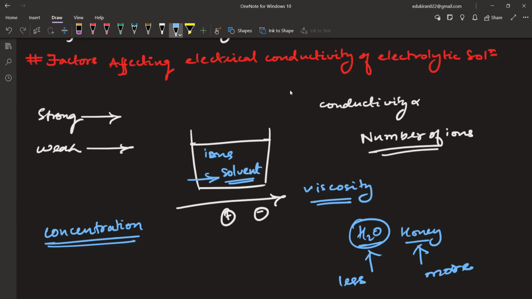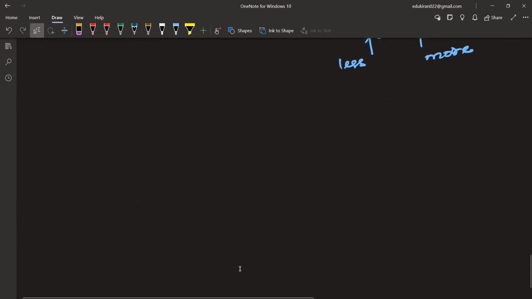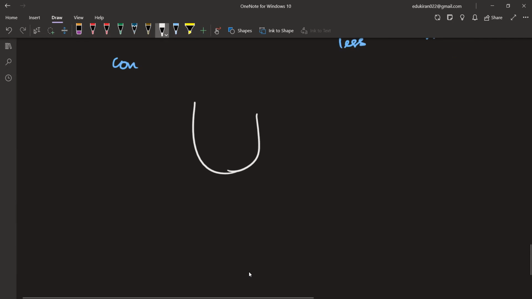See, this is something that you have to understand about concentration. When the concentration increases, I should have made the white NaCl and then water like this.